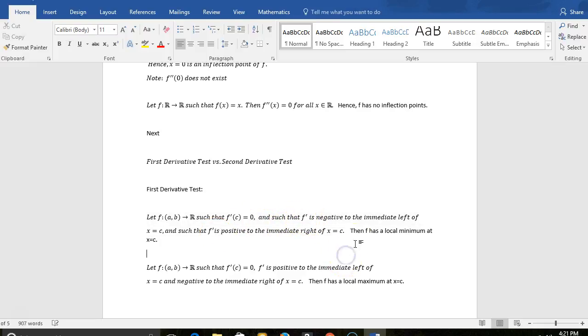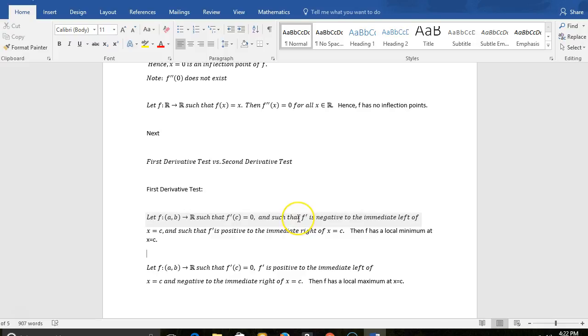There we go. So let f be a function from the open interval (a, b) into R such that f prime of c is 0, so we're flat at c, and such that f prime is negative, so we have a negative slope to the immediate left. The original function f has a negative slope to the immediate left of x equals c, aka f prime is negative.